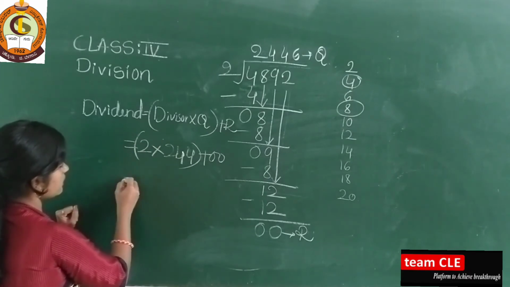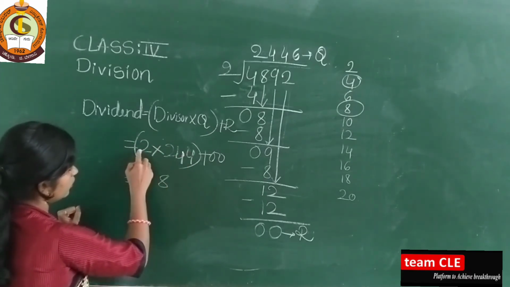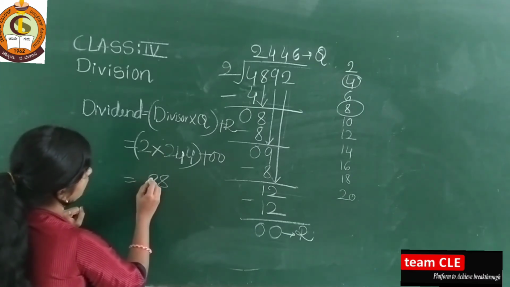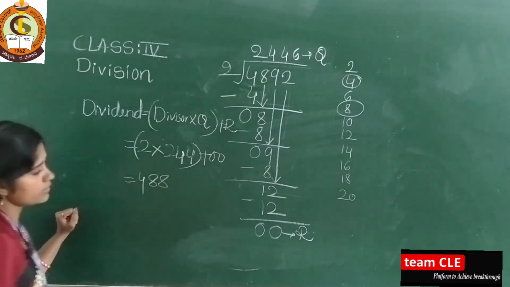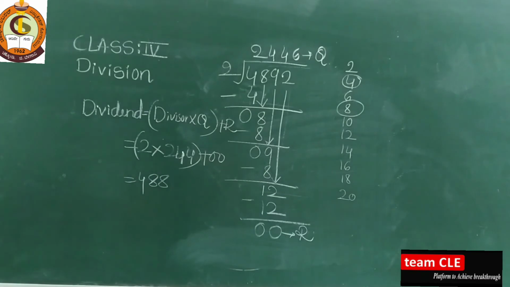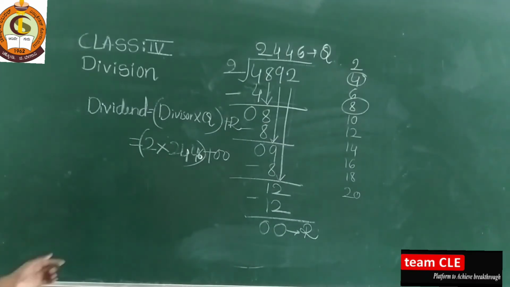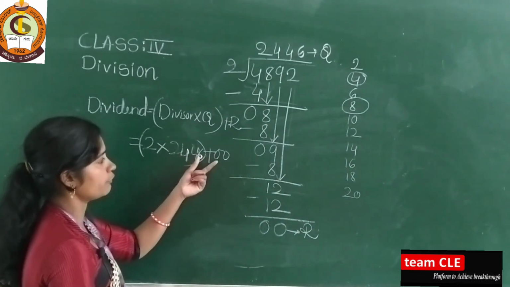Okay, multiply this. 2 4s are 8, 2 4s are 8, next 2 2s are 4. Here, see here dear students, I need to do here, yes, not 244, here 2446 is there.